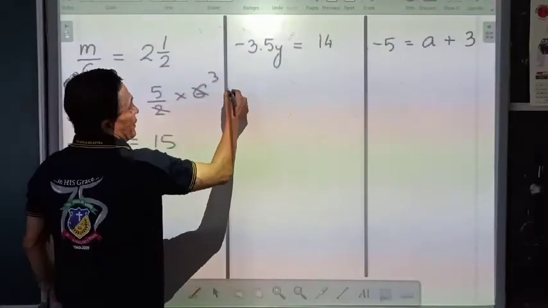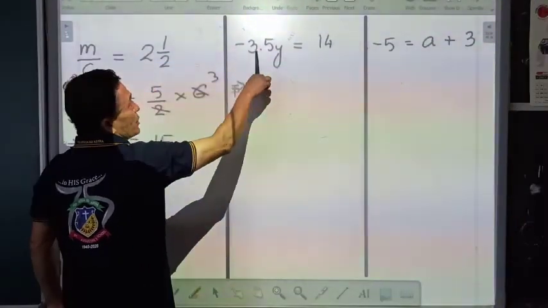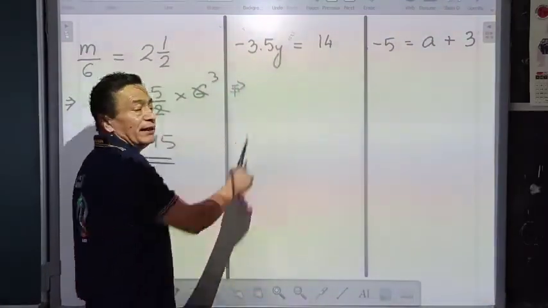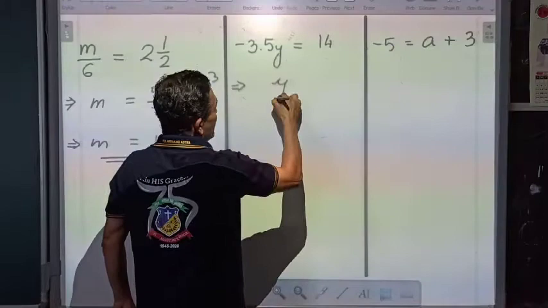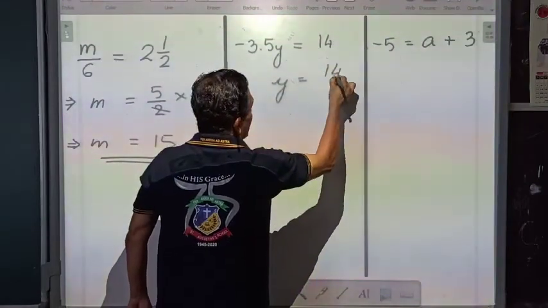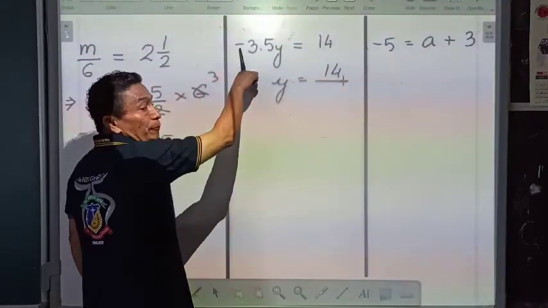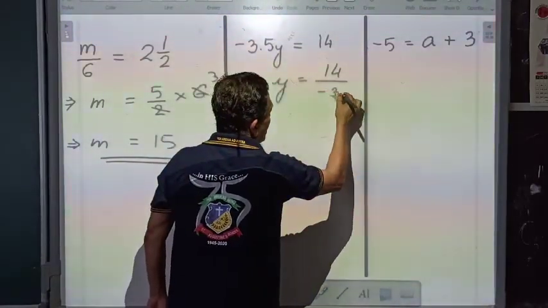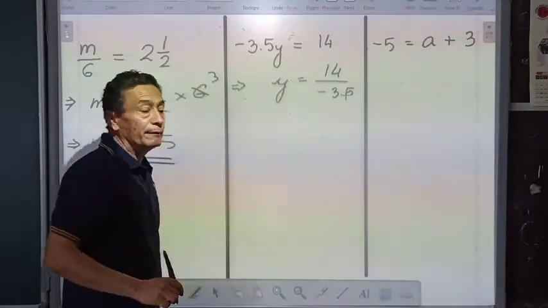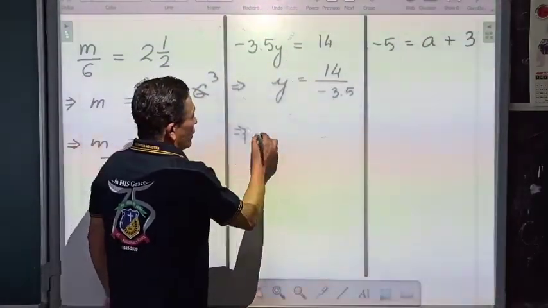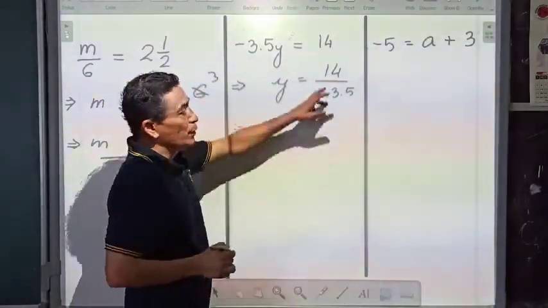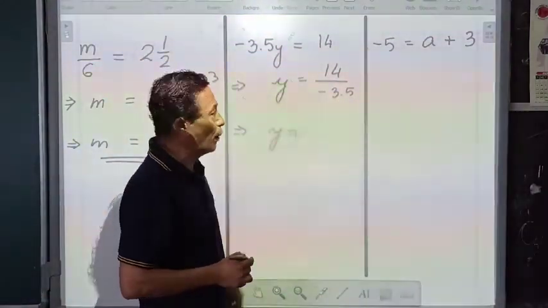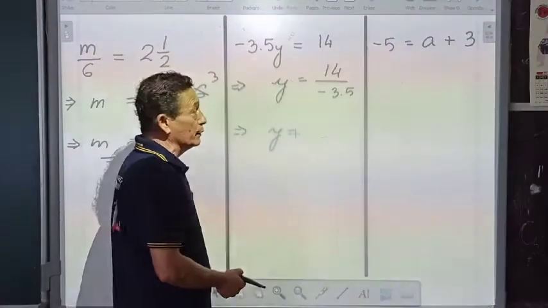If I take this one here, minus 3.5y, that means minus 3.5 is multiplying y. So y will be equal to 14 divided by, since I've got minus 3.5 here, it will go and divide. Minus 3.5 will divide. Y will be, you know that I cannot have a denominator with a decimal point, which means I will have to convert it.